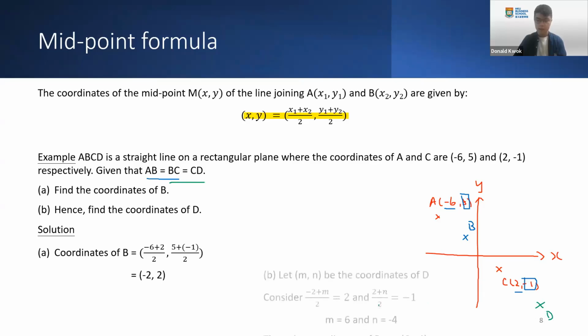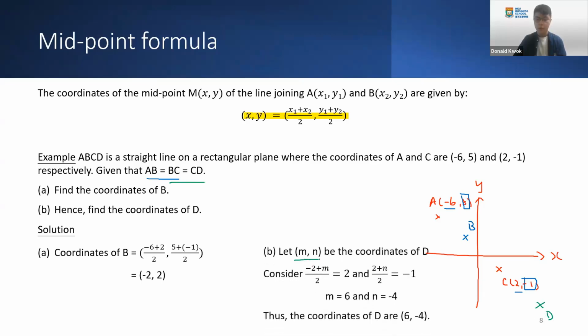If we let M, N be the coordinates of point D, then we'll have -2 plus M divided by 2 equals the x-coordinate of point C. And also, 2 plus N divided by 2 equals the y-coordinate of point C. Solving that out, we find the coordinates of D, 6, -4.